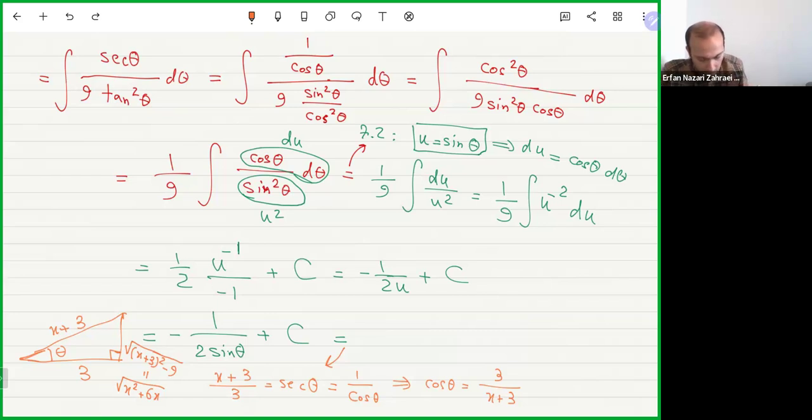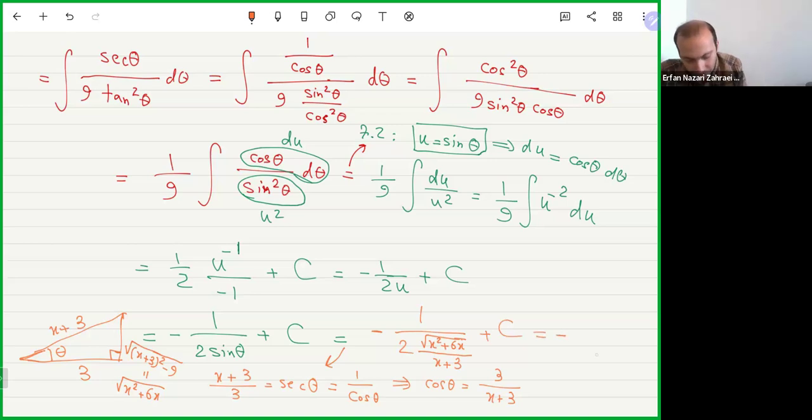Okay, good. Now, what do I want? I want sine theta. What would be sine theta? It would be opposite over hypotenuse. The opposite is root x squared plus 6x, over the hypotenuse x plus 3, plus c.